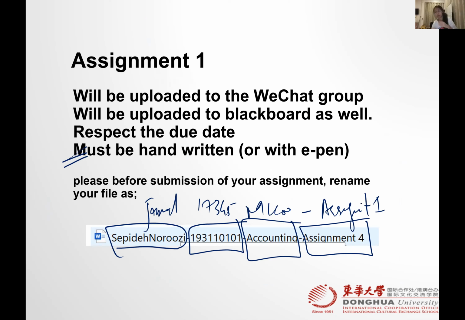The reason is that it's very easy for me or the office to extract the file and give you remarks. Number 2, if you have an ePen, like I have, you can solve it on the assignment and just send it to me in a Word file. Right, guys? But please pay close attention to the renaming of your file.